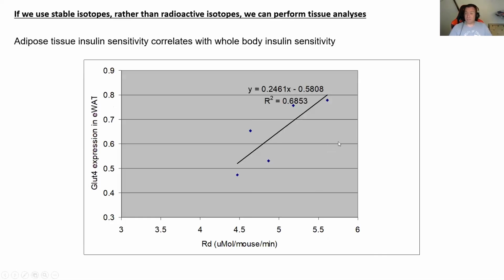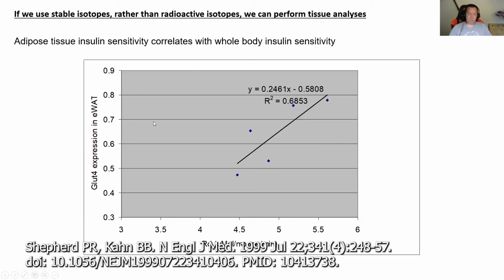And just to show that advantage of being able, using stables, to get your tissues at the end, I'm going to show something here, which is a correlation between GLUT4 expression in white adipose tissue and RD of the whole mouse. Adipose tissue insulin sensitivity, assessed by GLUT4 expression, correlates with whole body insulin sensitivity. There is a New England Journal of Medicine paper from, I think, nearly 20 years ago where Pete Shepard and Barbara Kahn said GLUT4 mRNA expression in white fat is an excellent marker of whole organism insulin sensitivity.